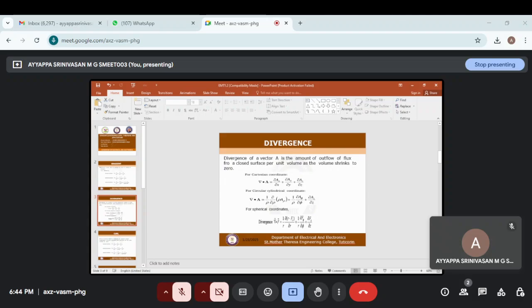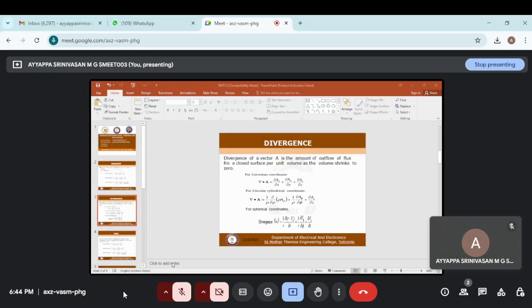Now let us consider the next important topic, that is divergence. Divergence is nothing but, you can have a pipe through which water comes out, and if you catch the hole from which the water comes out with your thumb and index finger, the water will be sprayed away, that is, in a divergent manner.